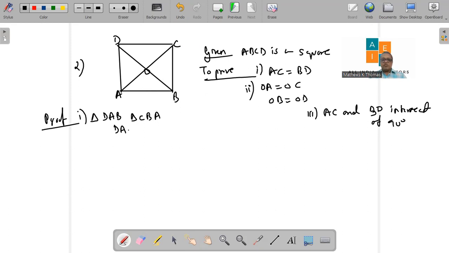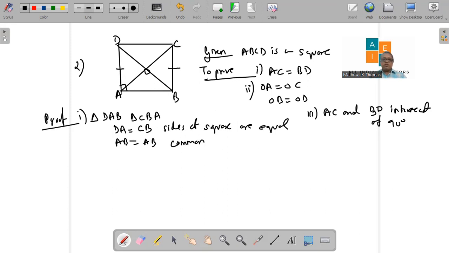So we know that sides of a square are equal. So DA equal to CB. AB equal to AB common. This is equal because sides of a square are equal. So DA and CB are equal. AB is common.